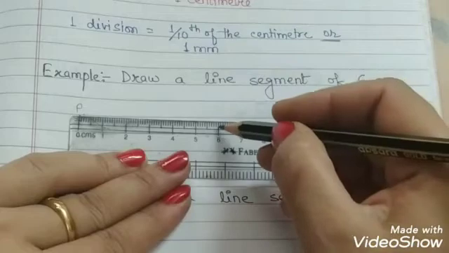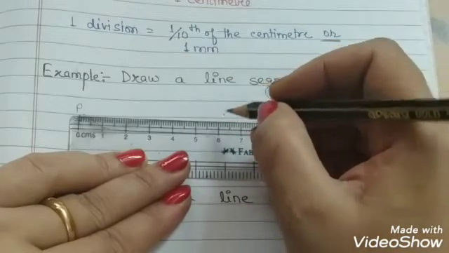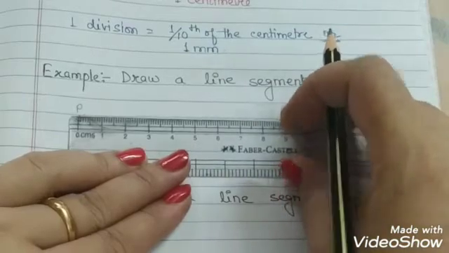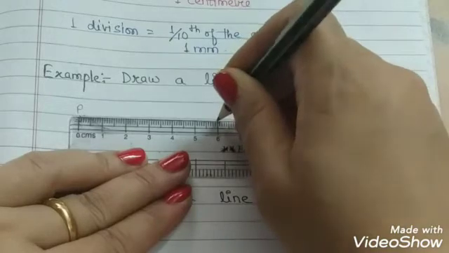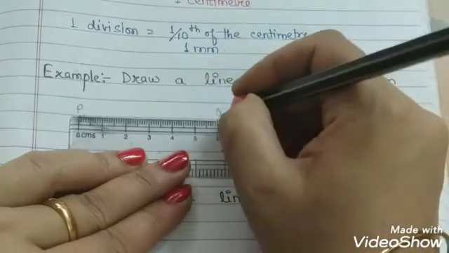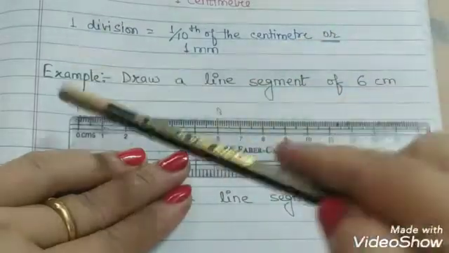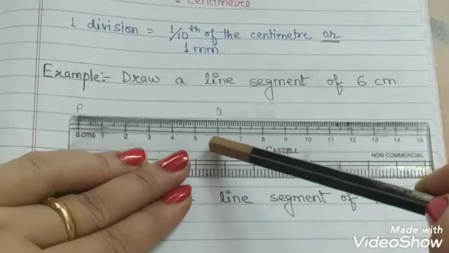So here on the longer line, we will mark the point Q. Keep your scale and your pencil straight and mark Q here. So P at 0 mark and Q at 6th centimeter mark.